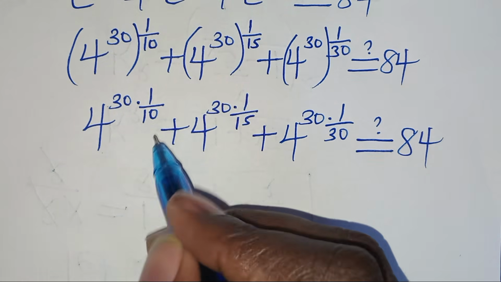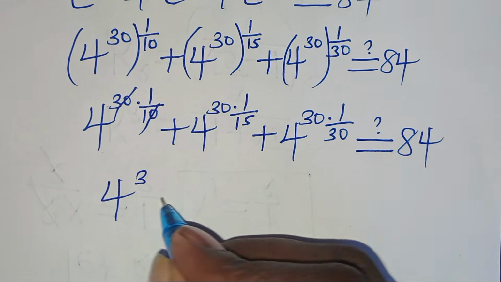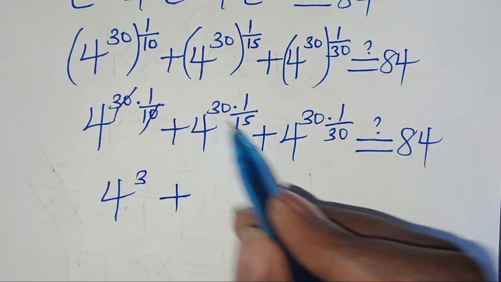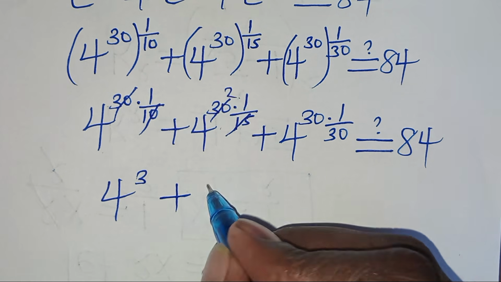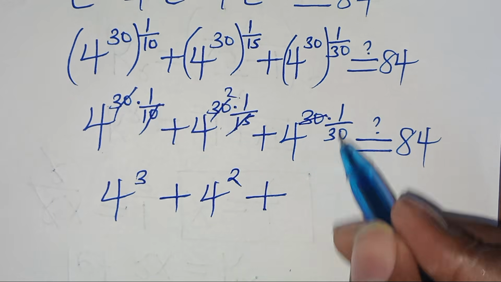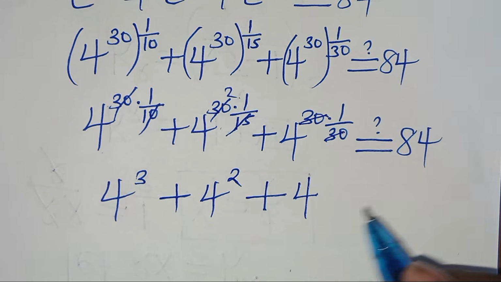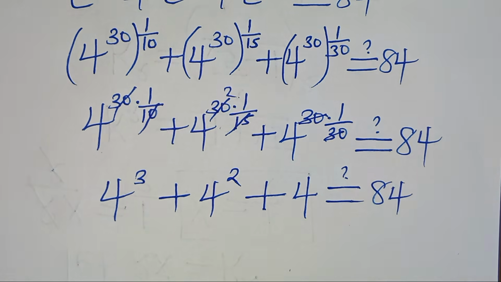So let's simplify here so that we have 4 to the power of 3, plus, now 30 divided by 15 is 2, so this is 4 squared, then plus 30 and 30 simplifies, so we have 4. This should give us a value of 84.